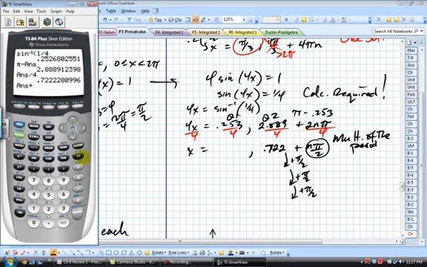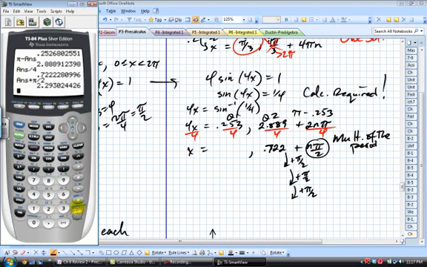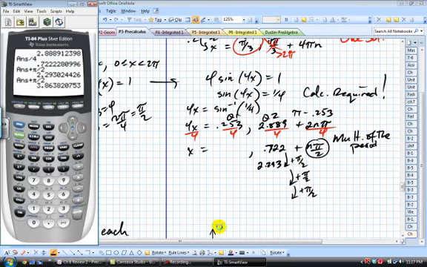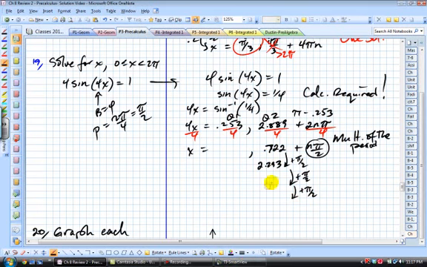Add pi divided by 2, enter, 2.293, plus pi divided by 2 again. I get that one. So 2.293. Have to add pi/2 again, which is right here, so 3.864.